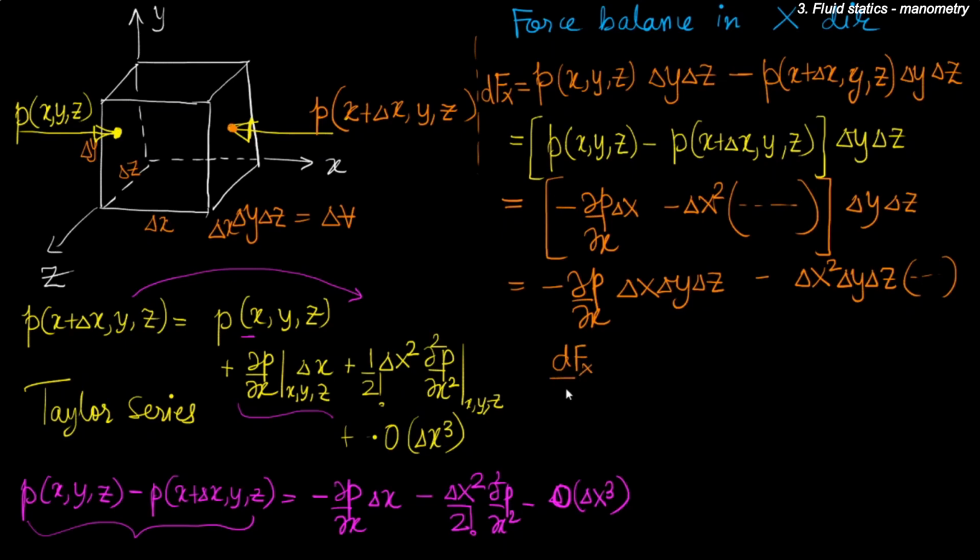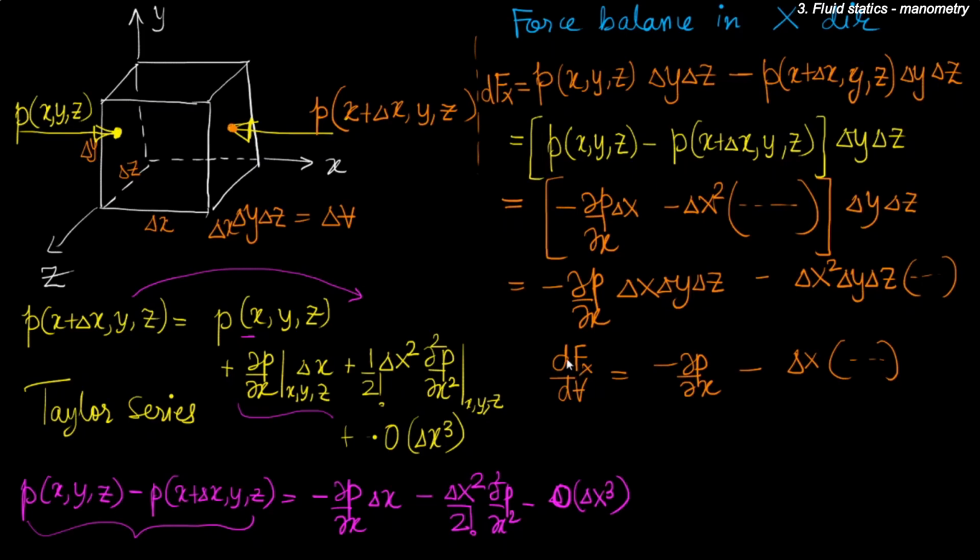So dFx divided by the volume, this will be minus del P del x minus, so delta x, delta y, delta z, this entire thing is multiplied by another delta x, so this will be delta x times everything.